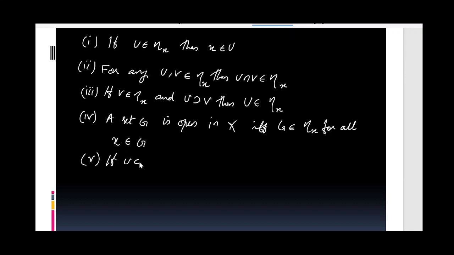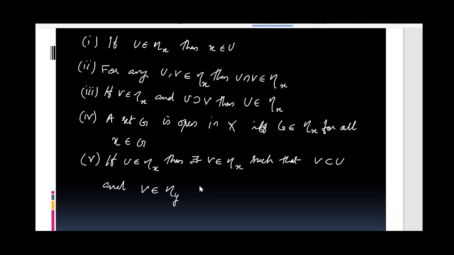And the fifth condition, if U belongs to eta x, then there exists V belongs to eta x such that V is contained in U and V belongs to eta y for all y belongs to V. These things we have discussed in detail in your previous class.